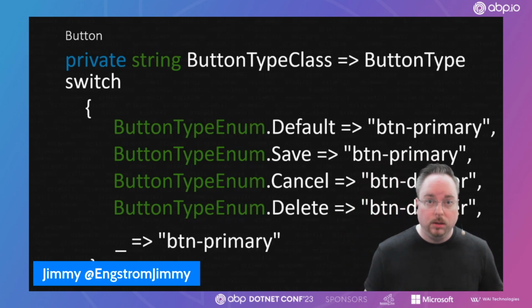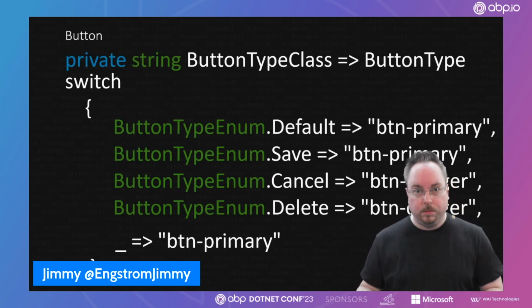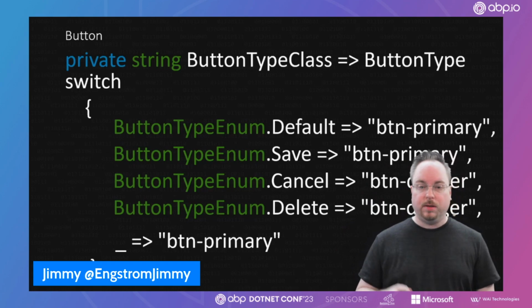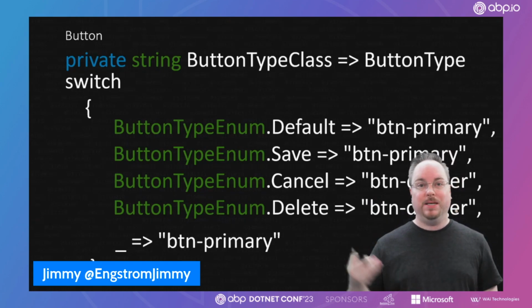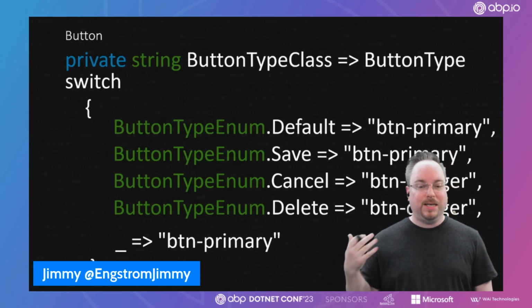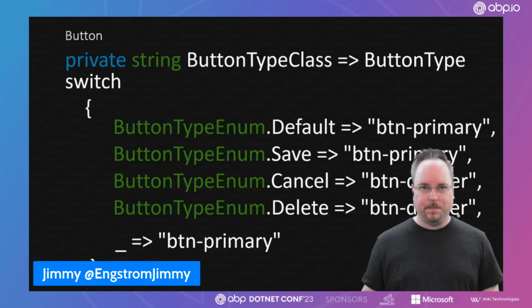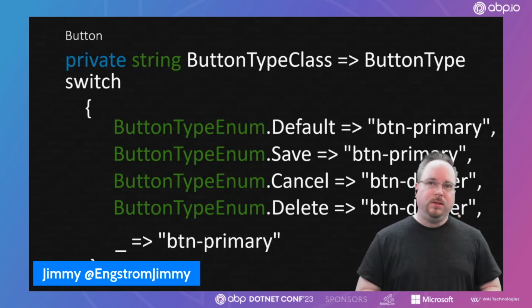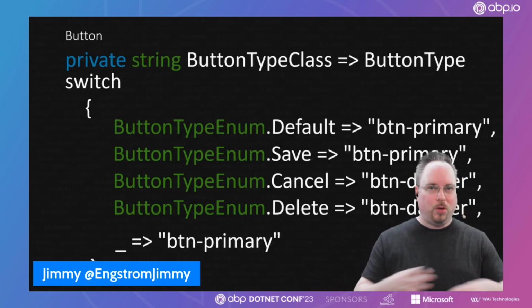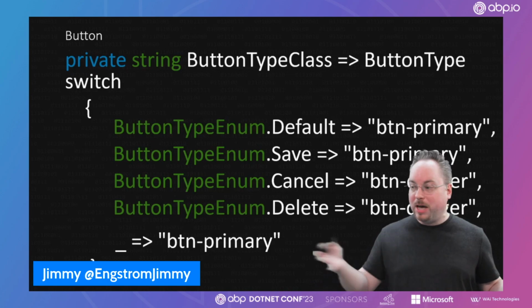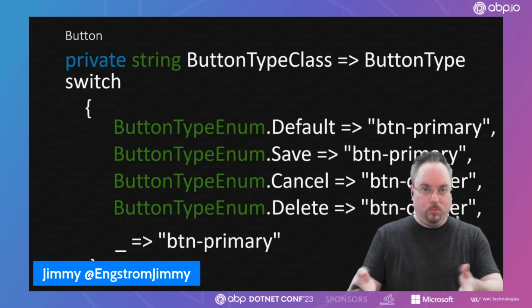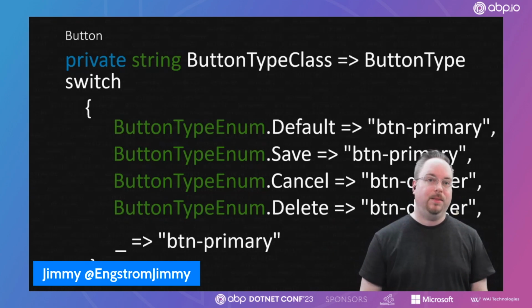That doesn't matter. But when I use this button, I know that, you know what? I'm about to save something, I can use the type save. I'm about to cancel something, I'm about to delete something, I can use that type. And we have the same thing for the whole team. I don't have to tell the team it should use the primary because we have already set that in the components.